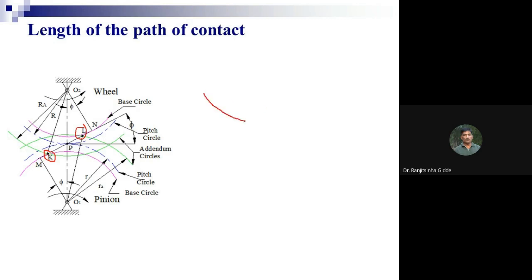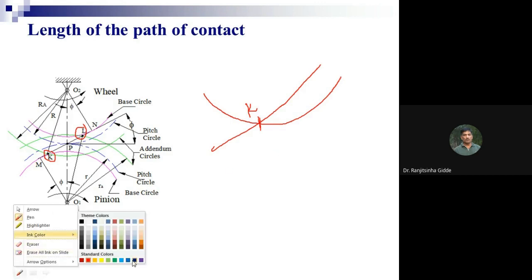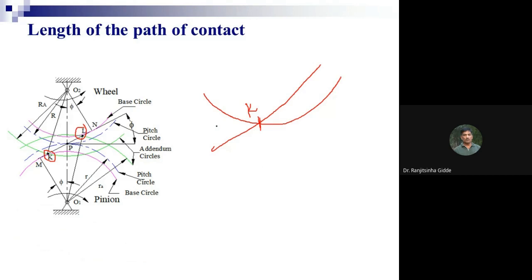This is the addendum circle of the wheel and this is the common tangent. So this point is K. And what is L? L is the intersection of the addendum circle of the pinion and the common tangent. This one is L and here is the P point, right?